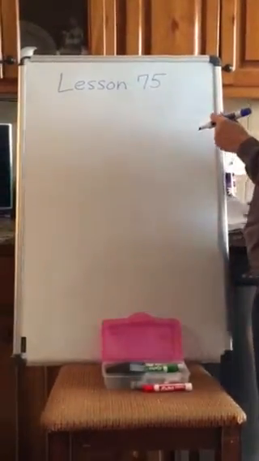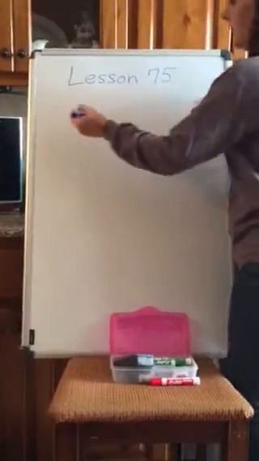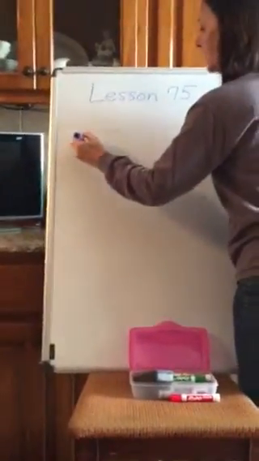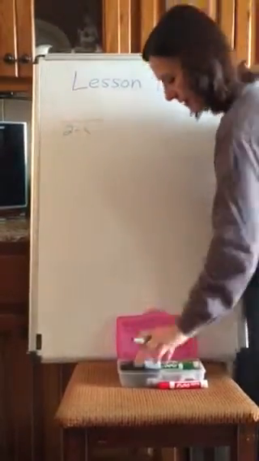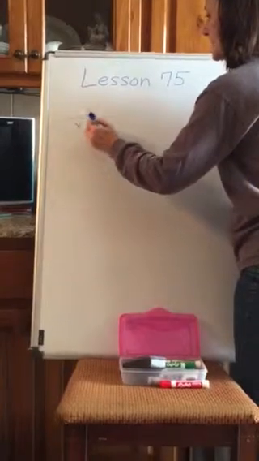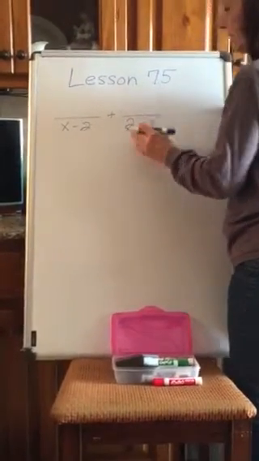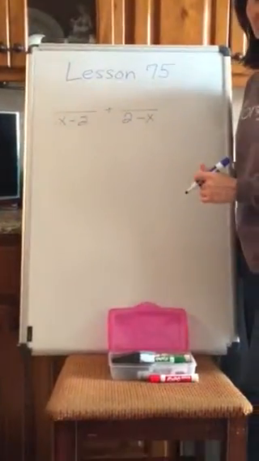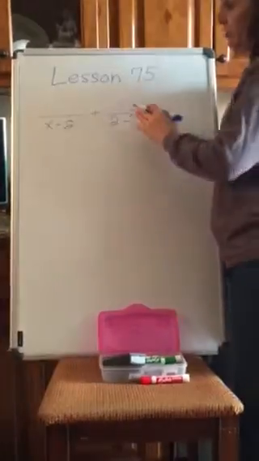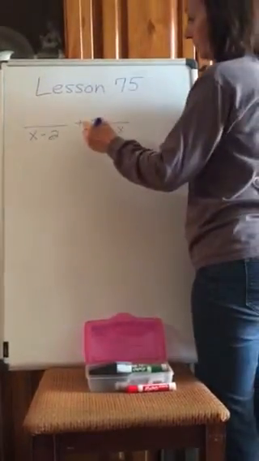Lesson 75 is very similar to a lesson we've already worked. If I had, in the denominator, let's put this other one first. You'll remember all I had to do in my second fraction was change two signs, and then I'd have a common denominator, right?